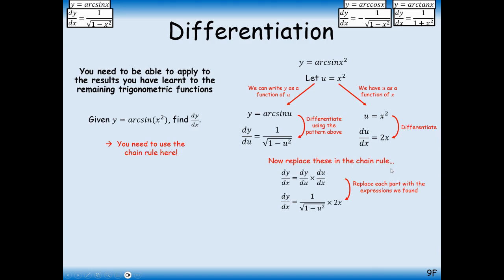So u itself is x squared, so x squared raised to another square will give us power of 4 under the square root. 1 minus x to the power of 4. Alright, so with that, I think we've been through quite a few examples there. So let's see what's next.